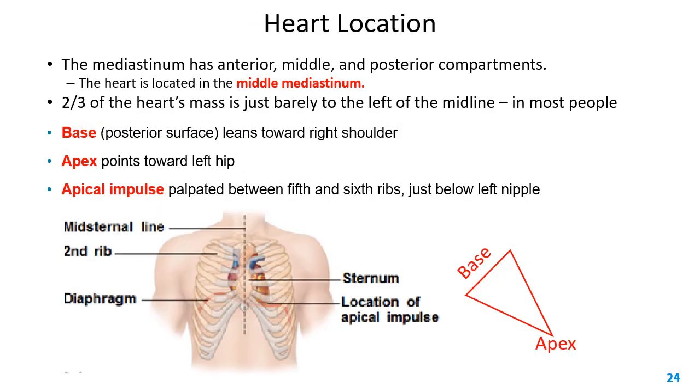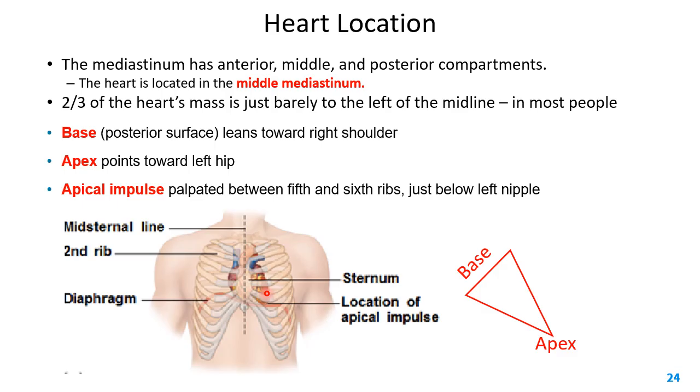Now, certain characteristics of the heart. You have the top, kind of flat side of the heart that is called your base. The tip of the heart is pointing down, and that's your apex. In most people, the apex points a little bit to the left side. There are some people that have all the organs inverted to the other side. It's kind of rare, but it could happen.